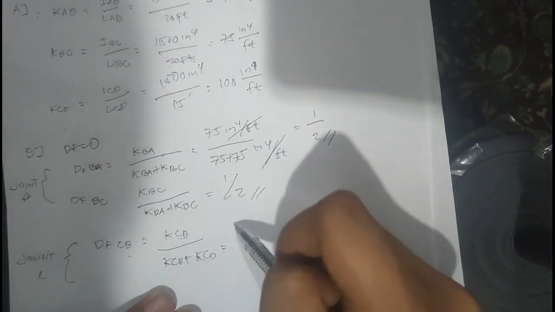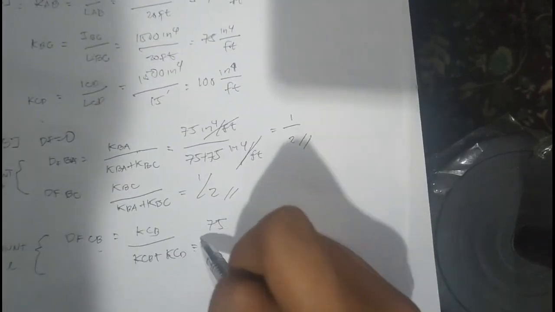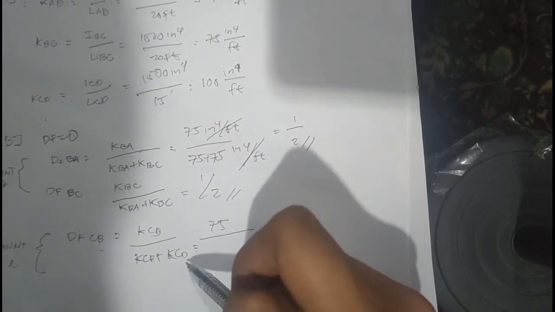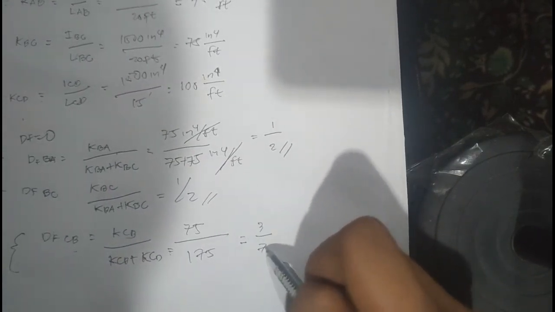Our KCB is 75, over KCB plus KCD, so 175, which equals 3 over 7.